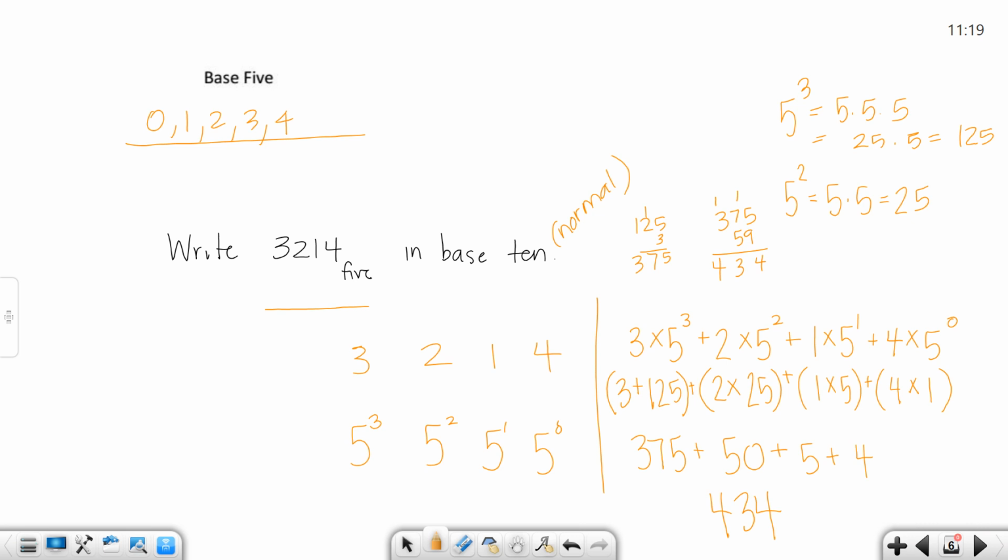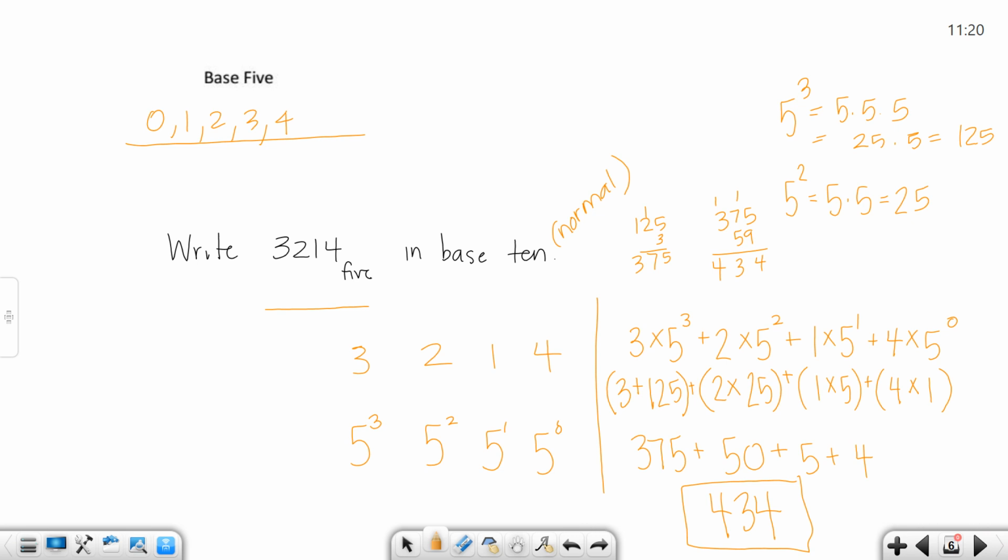Now I'm writing this as a regular number, so it does not need a subscript. The difference, again, is that if you're writing in base 5, it needs to have a 5 written below it like this. If it doesn't have a subscript, it's understood to be regular base 10.